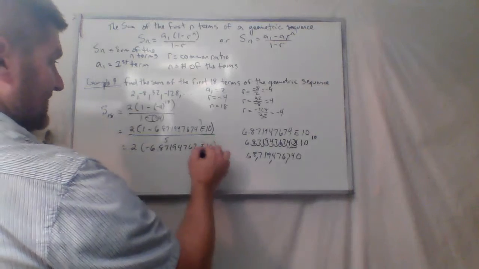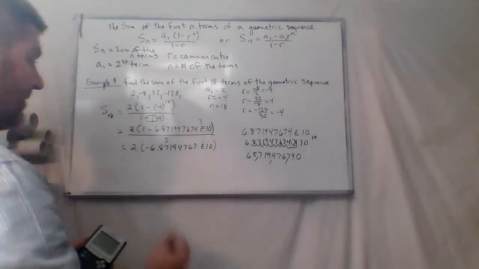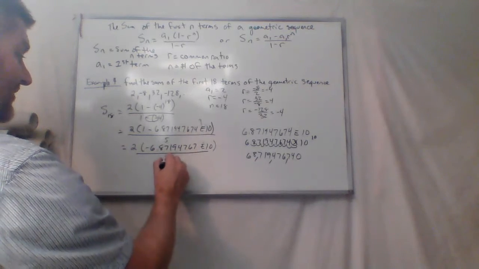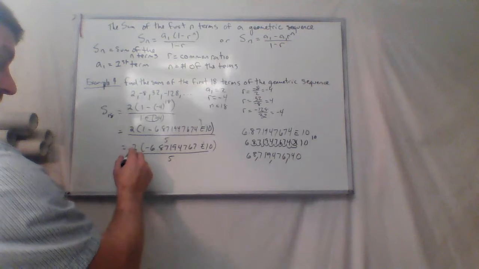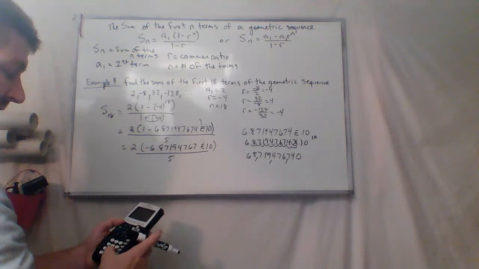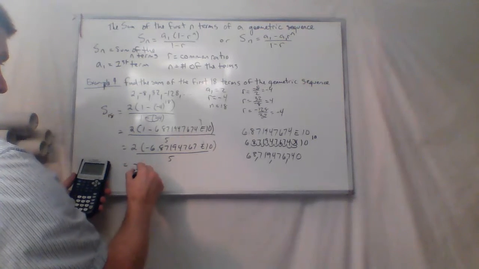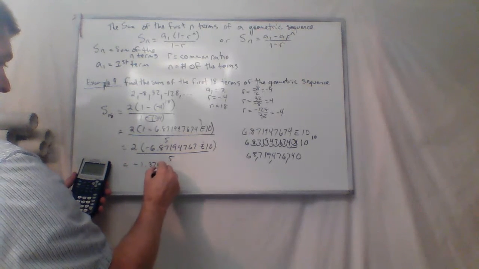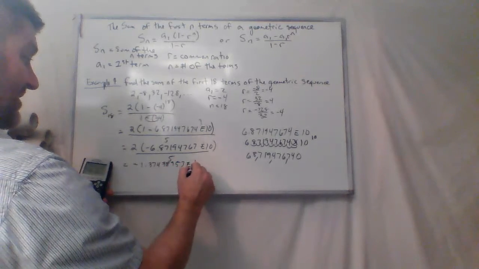So I lost a digit here because the negative took up one of the slots there. And this is still divided by 5. I really don't know what this number is going to give me, but I'm going to go 2 times that number. So 2 times my answer. And I'm going to get negative 1.374388953 times 10 to the 11th power.